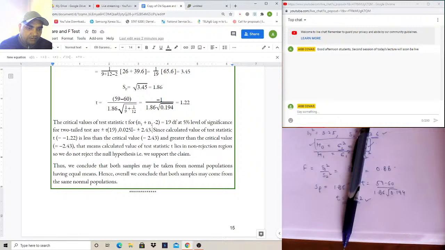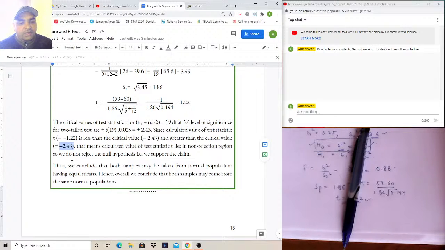That is, at two-tailed it will be 0.025, and this t value is less than the critical value 2.43 but greater than minus 2.43. That means the calculated value of the test statistic lies in the non-rejection region. That is, if you see from minus 2.43 to plus 2.43, your minus 1.22 is in the acceptance region.